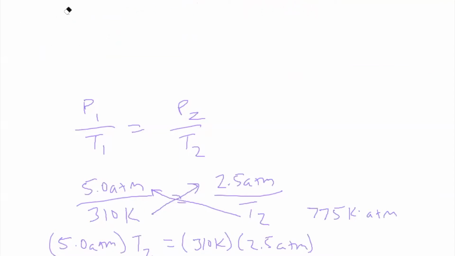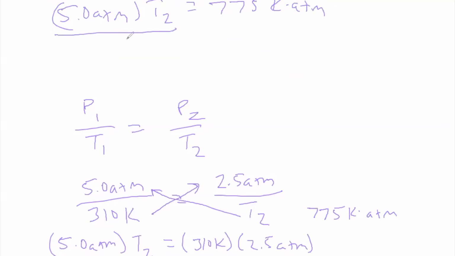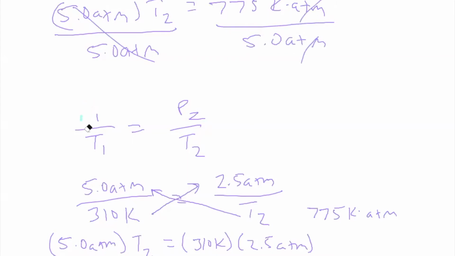Okay, so now our equation would be 5 atmospheres times T2 equals 775 Kelvin times atmospheres. Then we can just divide both sides by 5 atmospheres. And we can see that atmospheres would cancel out. We'd have Kelvin left. And so that would give us T2 in Kelvin.